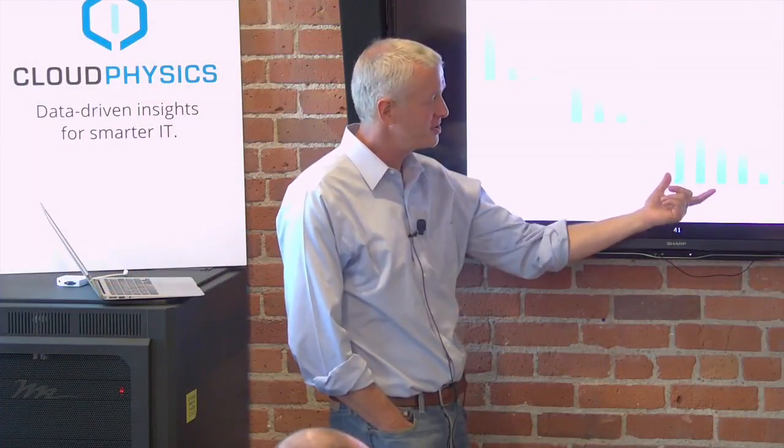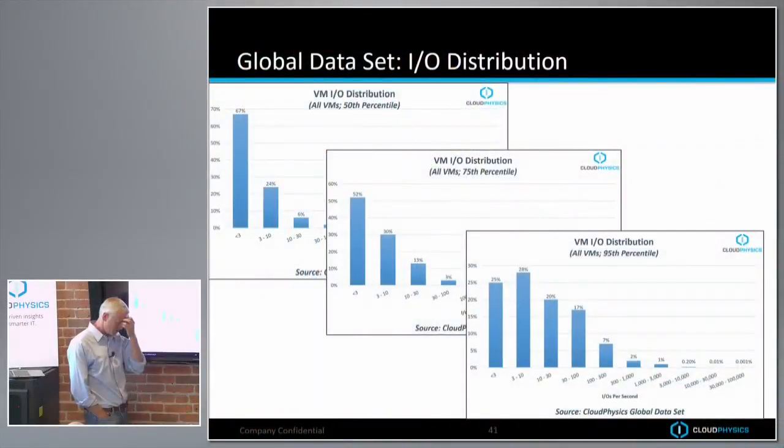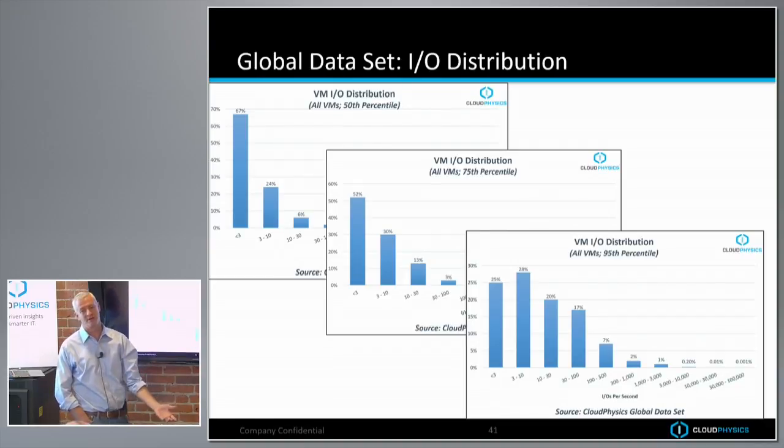But from this perspective, you need to start looking at the cluster-wide aggregation of what the IOPS looks like to understand what I need to support that level of throughput.